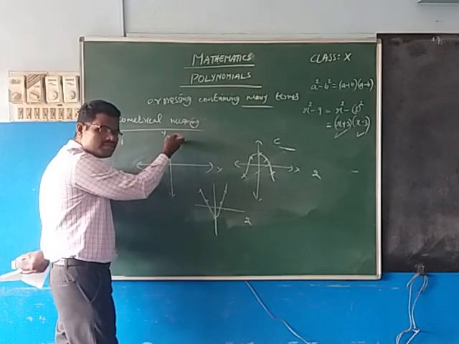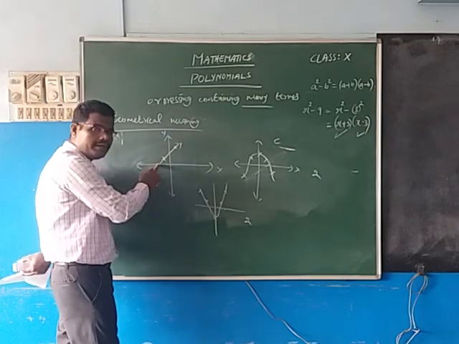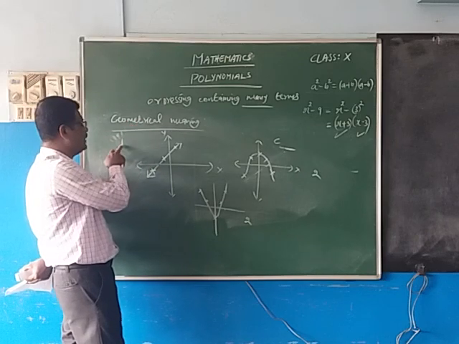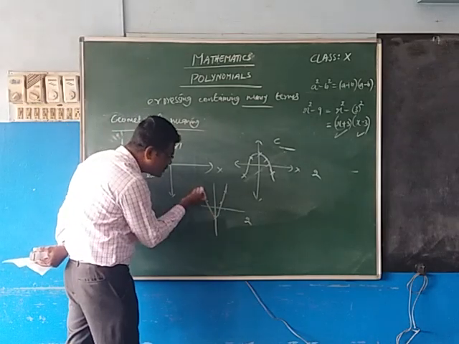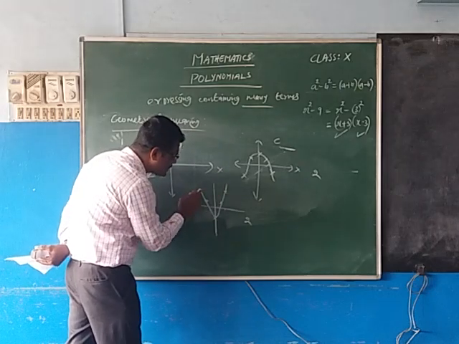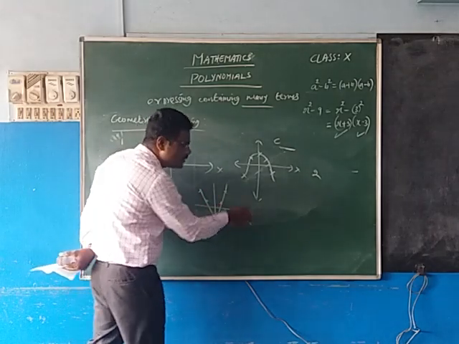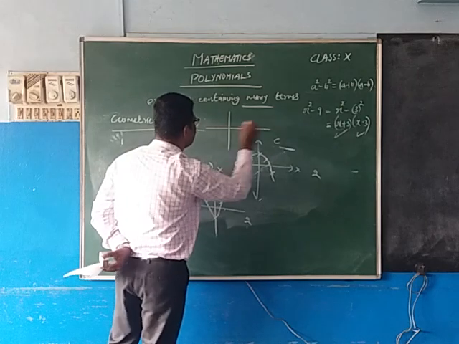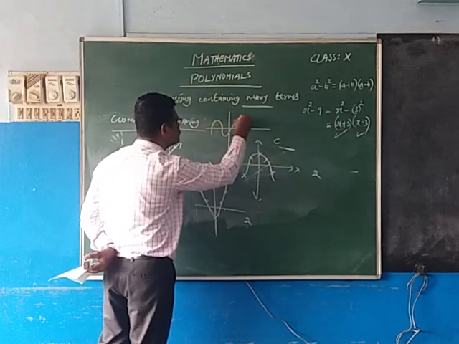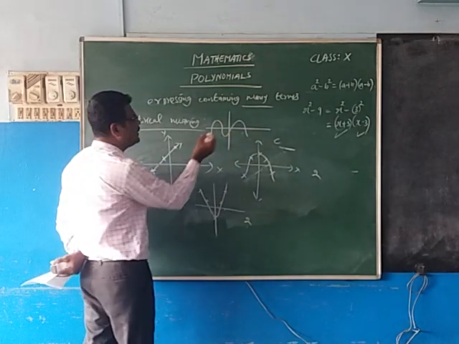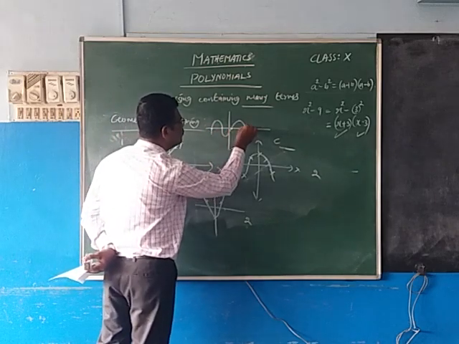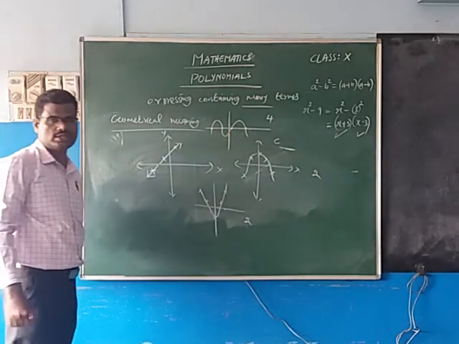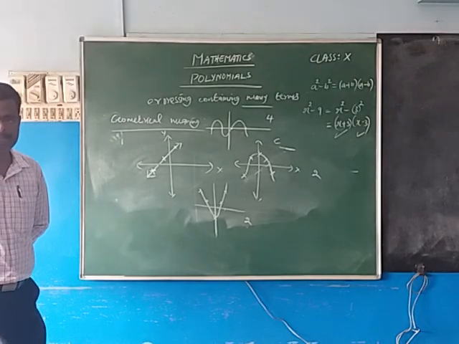Suppose the graph touches the x-axis at only 1 point, then it has 1 zero. If it touches at 2 points, then it has 2 solutions. For example, how many solutions does this have? It touches 1, 2, 3, 4. It has 4 solutions. Clear?